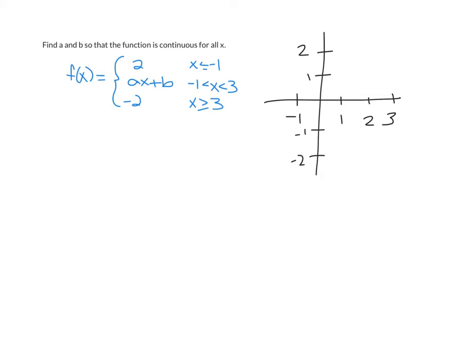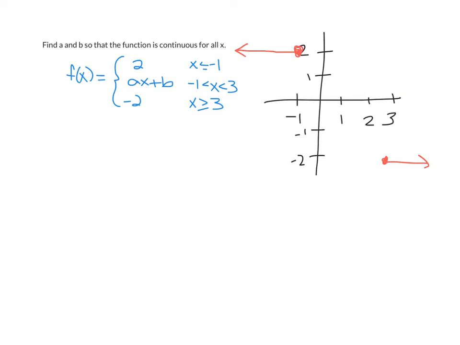So basically what we have for this piecewise function, we know that when x is less than or equal to negative 1, the y value, or f of x, is equal to 2. We know that when x is greater than or equal to 3, the y value is negative 2.